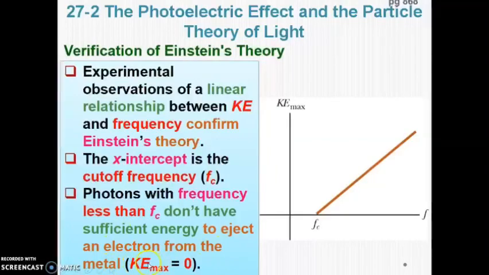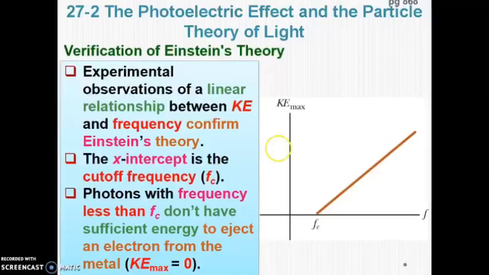In this case, what happens to your maximum kinetic energy? It becomes 0. Why is the maximum kinetic energy 0? This comes from the formula KE max equals E minus work function. When you don't have a frequency, of course, you don't have the energy.